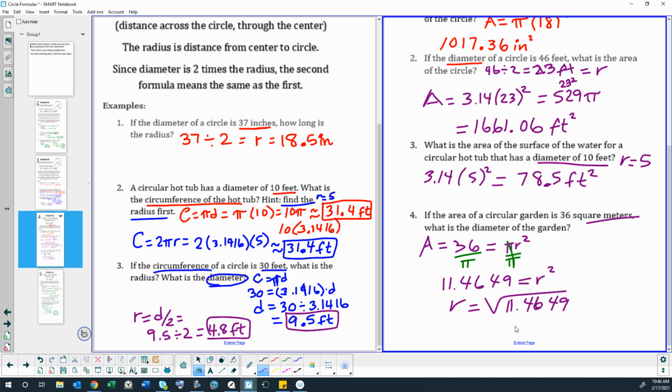Square root that answer, and I get 3.38. Just going to call it 3.4. Now, is that my answer? No, because it's asking me for diameter, and this is the radius. So to find the diameter, we need to take that number and double it. So 3.4 times 2 gives us 6.8.